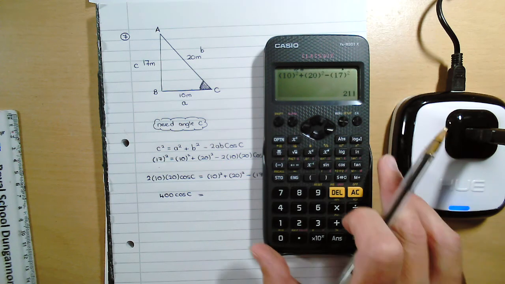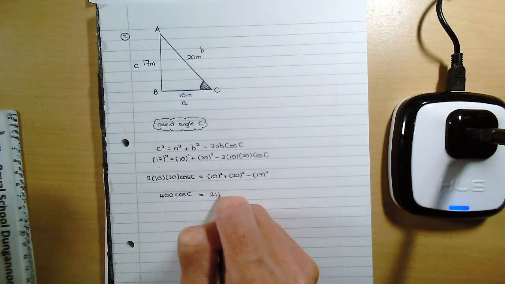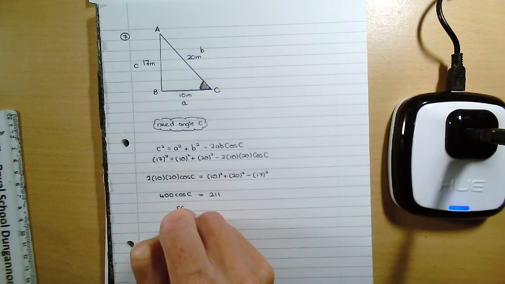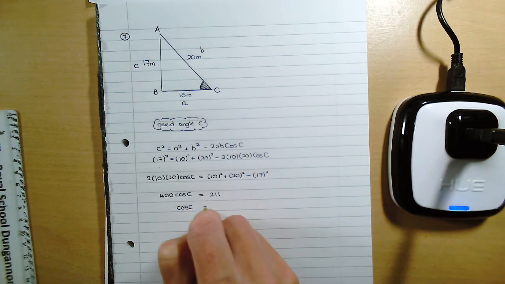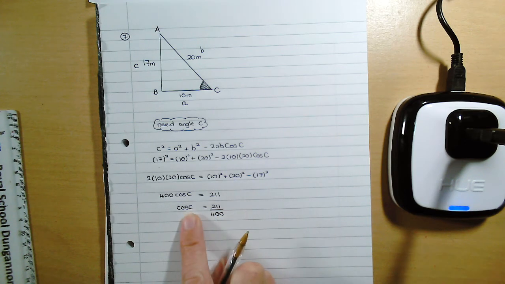So that's going to give us 211. Divide both sides by the coefficient of cos c, which is 400. And then we're going to take the inverse cosine in order to get angle C.